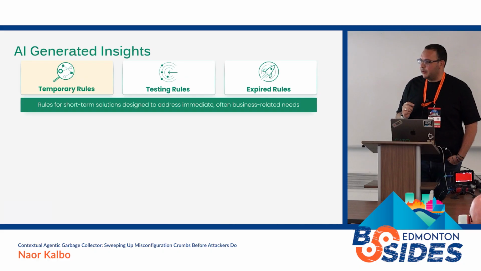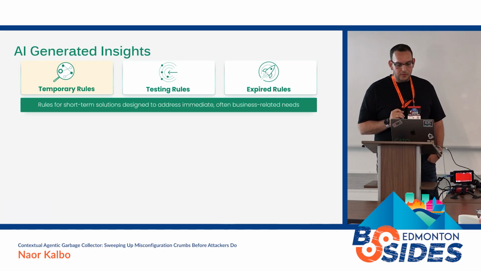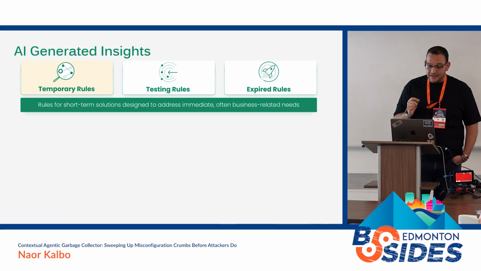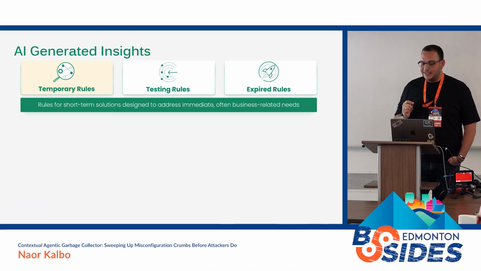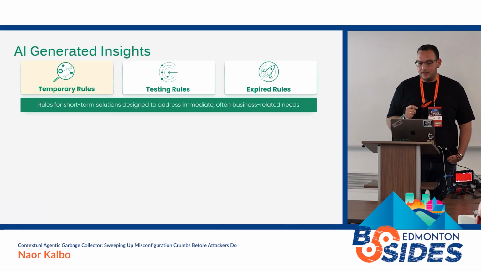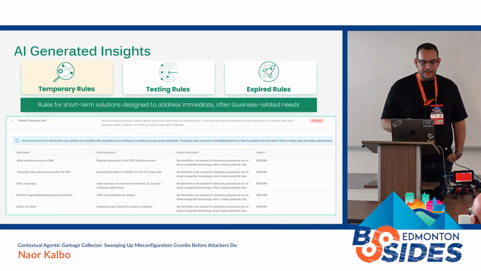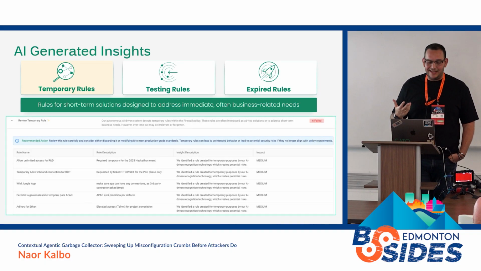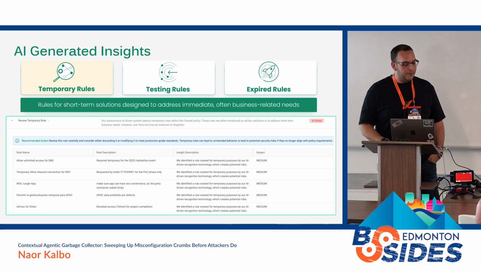So what is a temporary rule? Temporary rules are firewall rules that we have identified as created as a short-term solution, mostly to address an immediate organizational or business need. Let's see some examples of rules that we have found as temporary.